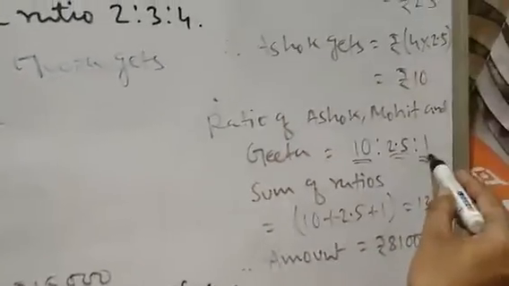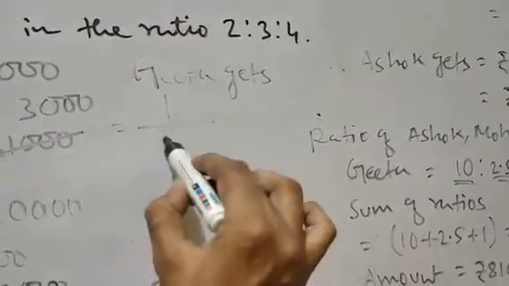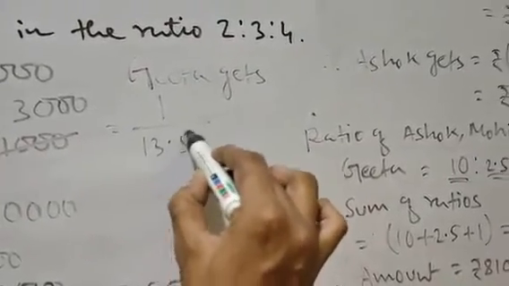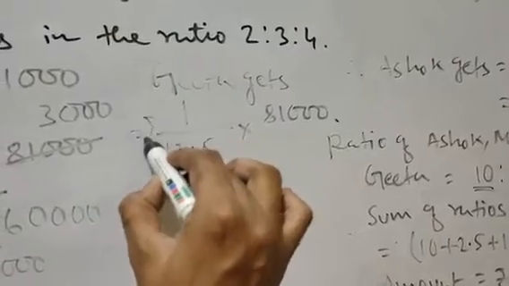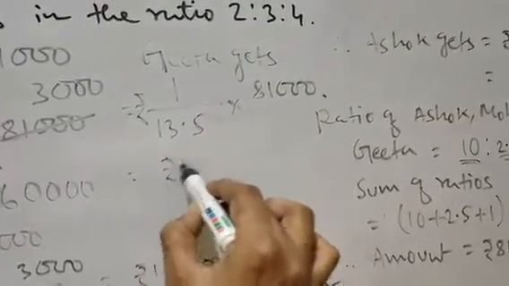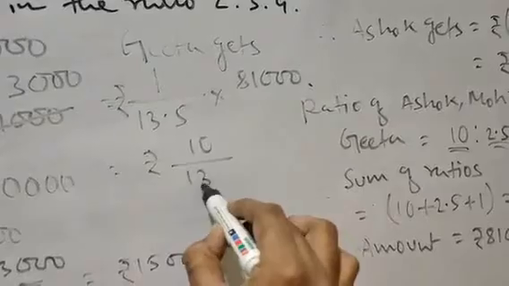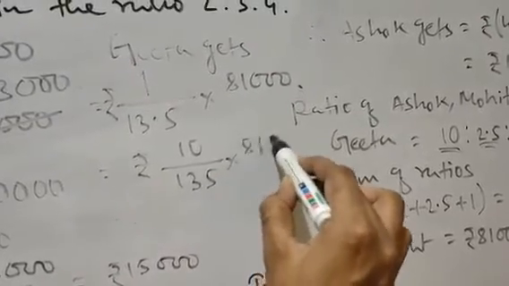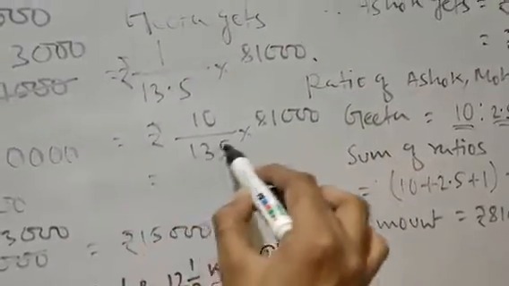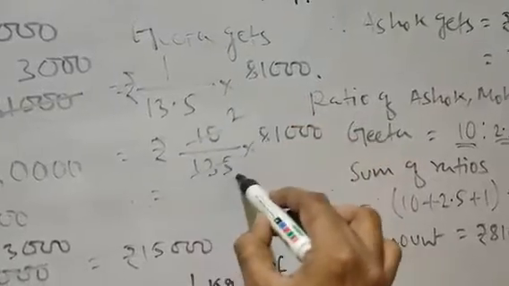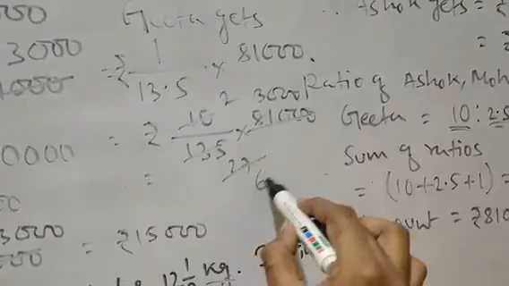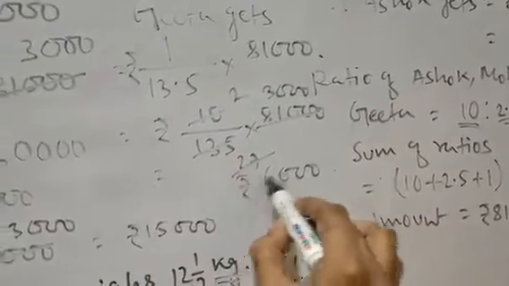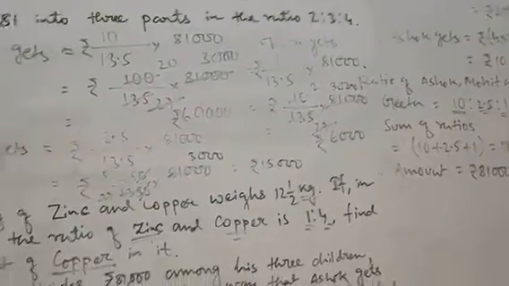Now Geeta 1, so it will be 1 here, divided by sum of ratio 13.5 into 81,000 and put rupees sign here. Omit decimal, it will be 10 divided by 135 into 81,000. 5 2s are 10, 5 27s, 27, 3,000. So she will receive 6,000 rupees.